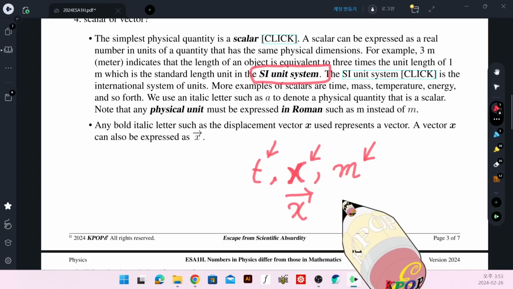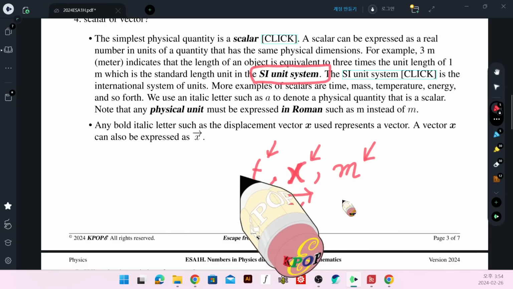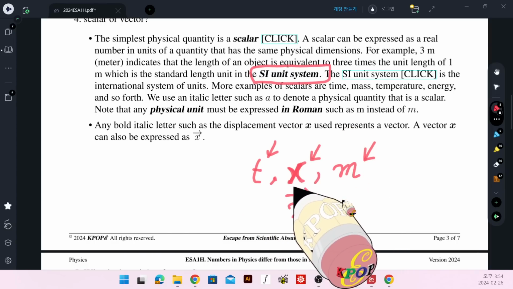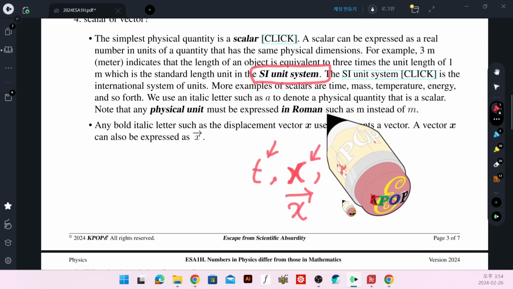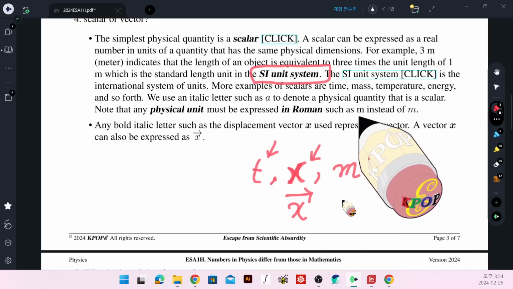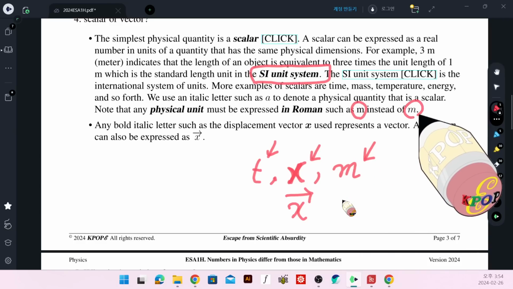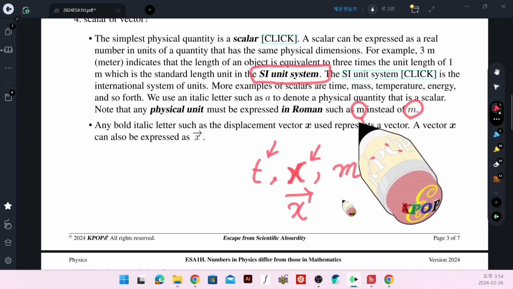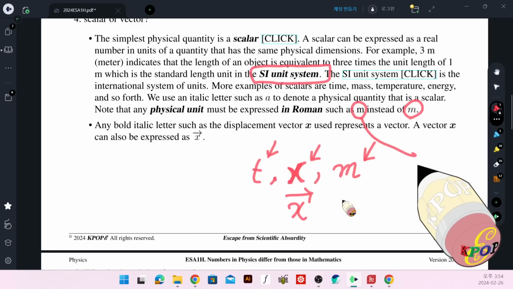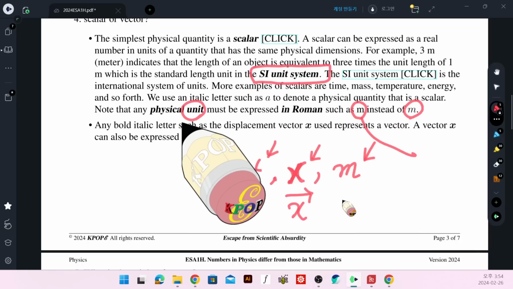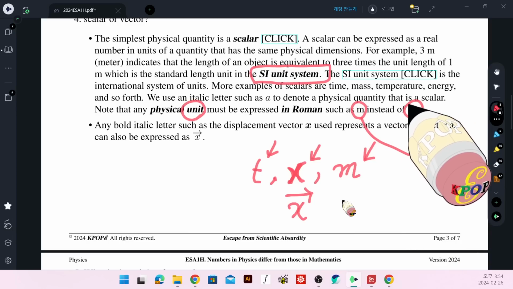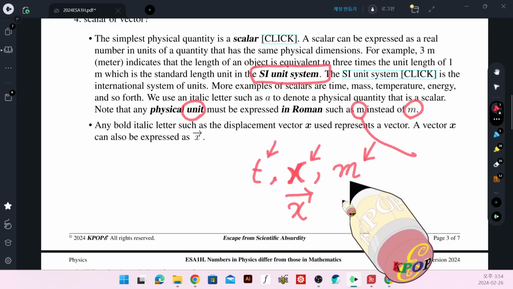Okay, any physical quantity is expressed as an italic letter, not in Roman. Let's compare this. This Roman letter M stands for a unit. This italic letter M stands for mass. So be careful.